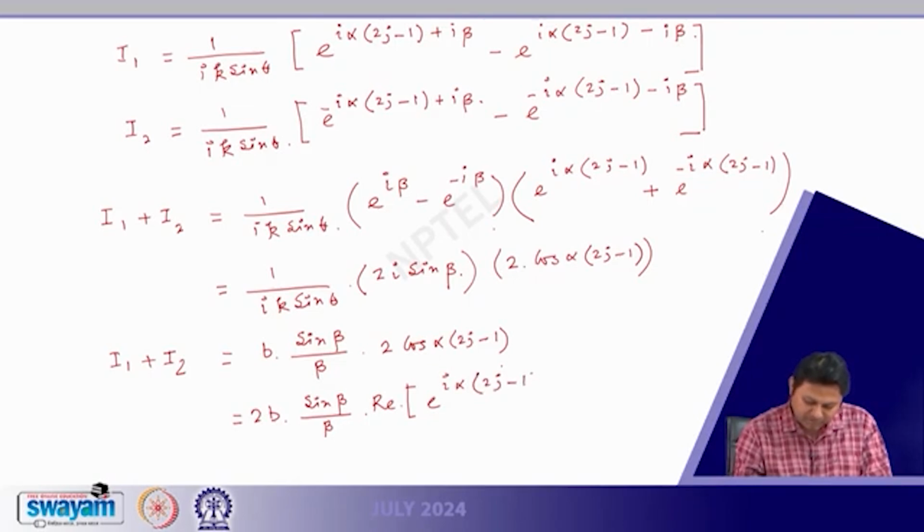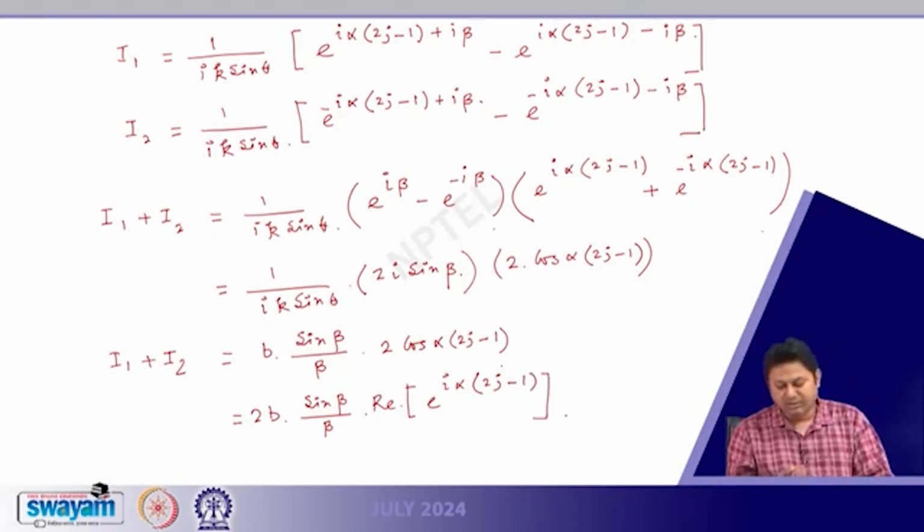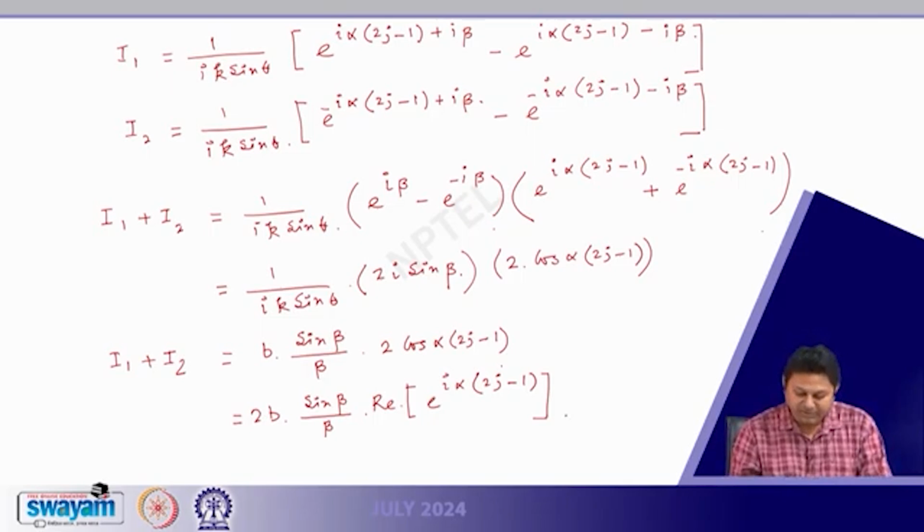Since we need to do the sum over j, it is better that I put the entire term in terms of exponential rather than putting it as a cos. So, cos alpha (2j minus 1) I put in terms of exponential function by writing that real part of e to the power I alpha (2j minus 1). It will help us a lot in calculation.